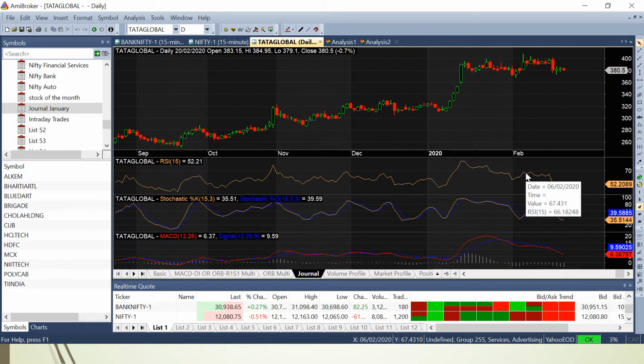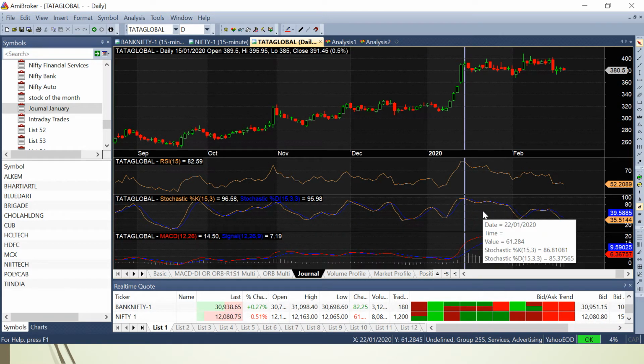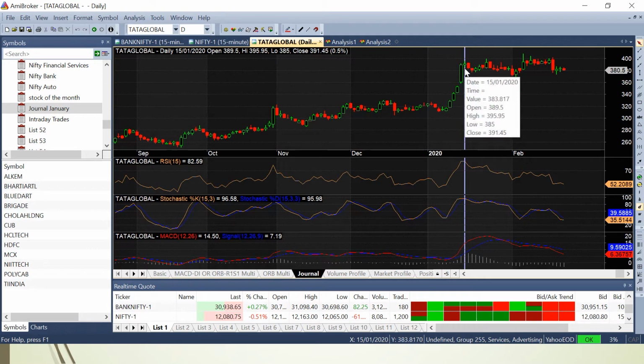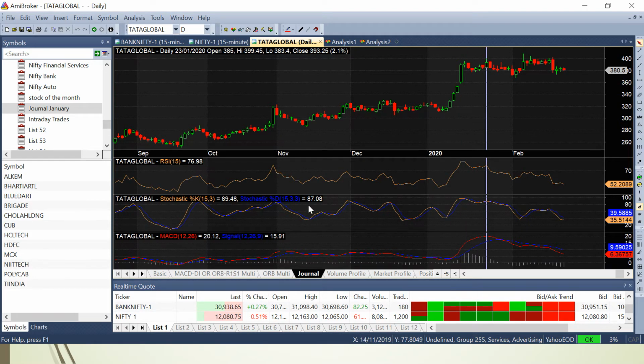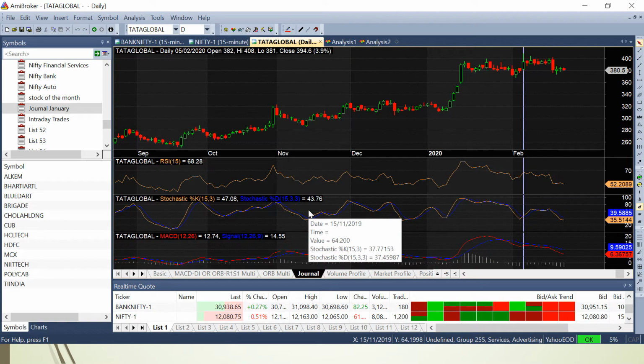The same thing you can observe in stochastic also. Now concentrate on this middle indicator, and we will look at percent D, the slower line. For negative divergence identification, we'll use the slower line, the percent D line. Here also we see the first peak stochastic is 95, the second peak is 87, the third peak is even less, 43.